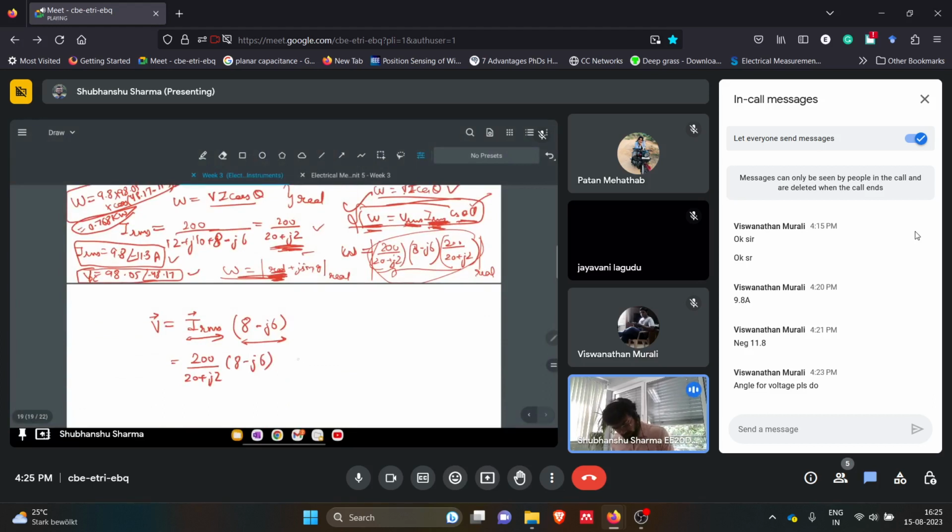So now it's all mathematical calculations. 200 by 20 plus j2, times 8 minus j6. I'll just use my scientific calculator, wait for that.